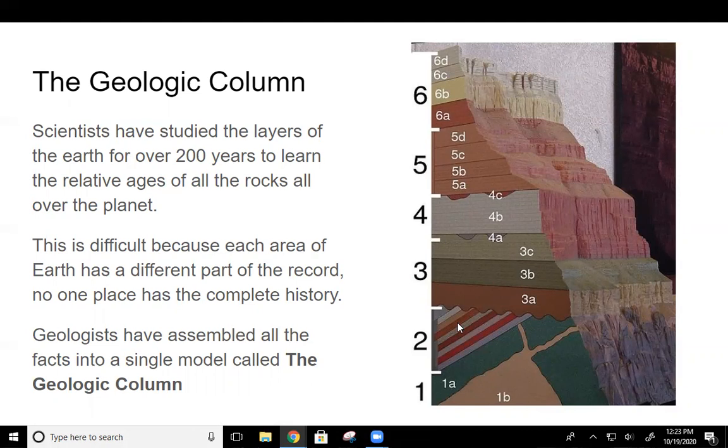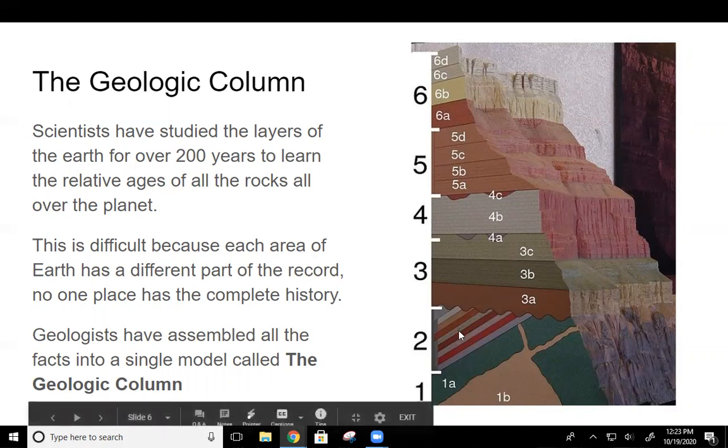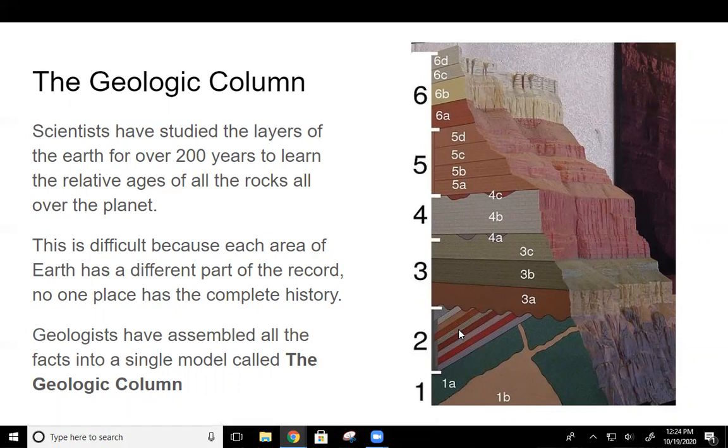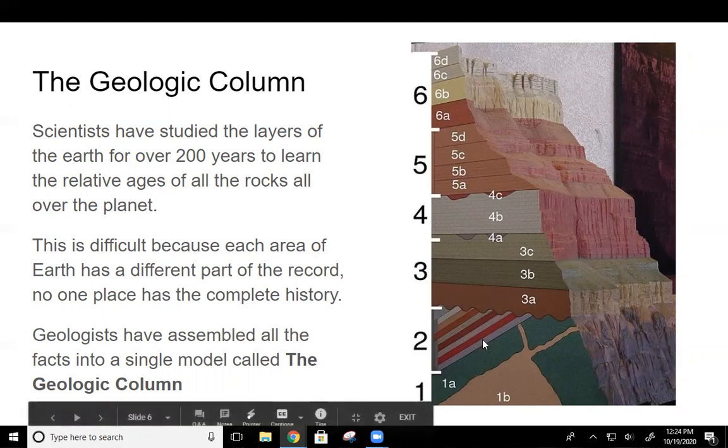So remember when we talked about the mantle of the Earth being plastic? That the rock can be bent in the mantle. Layers 1 and 2 are representative of things that used to be in the mantle, and the rock has been bent and misshapen.